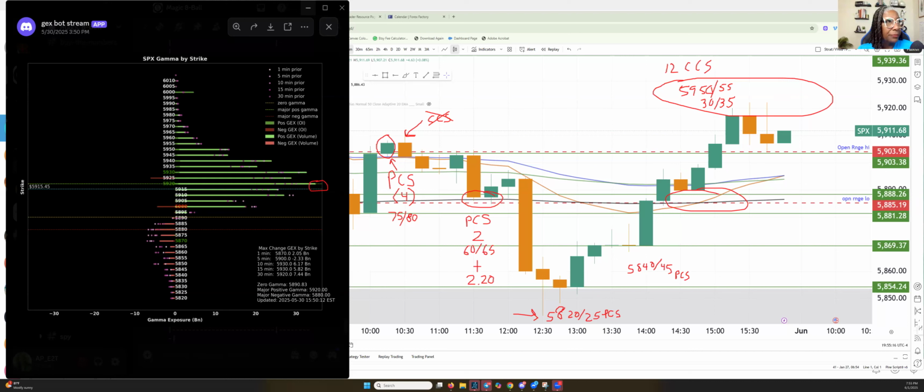Go ahead, Christina. Let's say after the big red candle around 12:20, that kept going south and didn't reverse. How would you have handled the put credit spreads you had on to date? I would have needed to just close them, honestly.